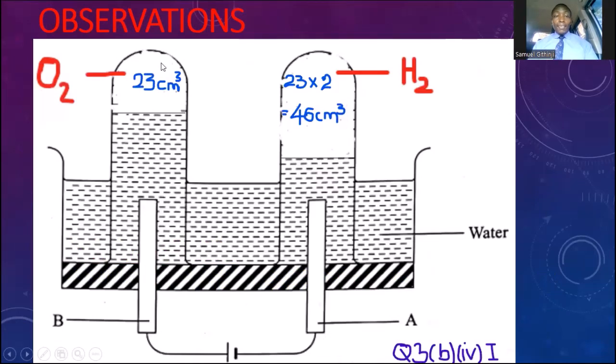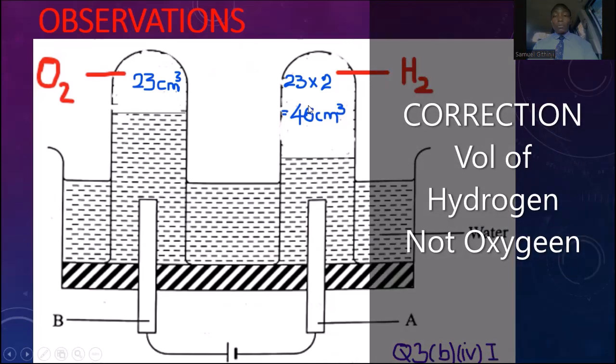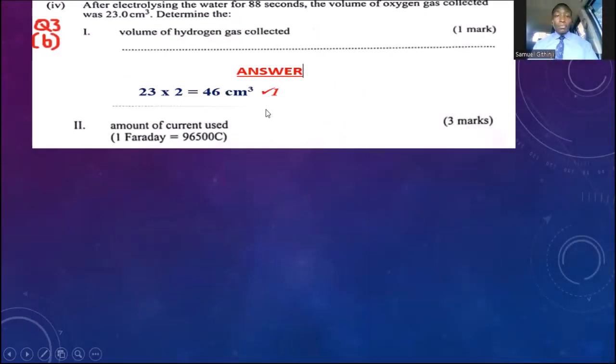Anytime I have electrolysis of acidified water, the volume of one gas will always be half the volume of the other, or vice versa. So the volume of hydrogen produced will be 46. 23 times 2, 46. As simple as that for 1 good mark, my student. Tick 1 mark.